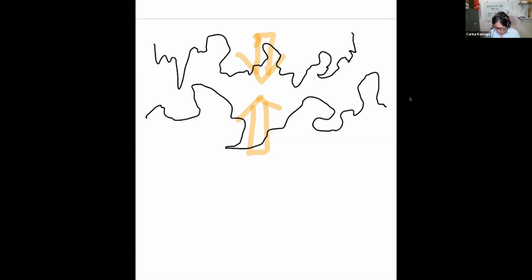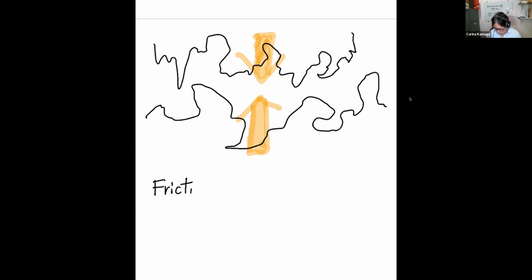So that's why there's a friction force. And this force that's applied perpendicular to the surface is called the support force.